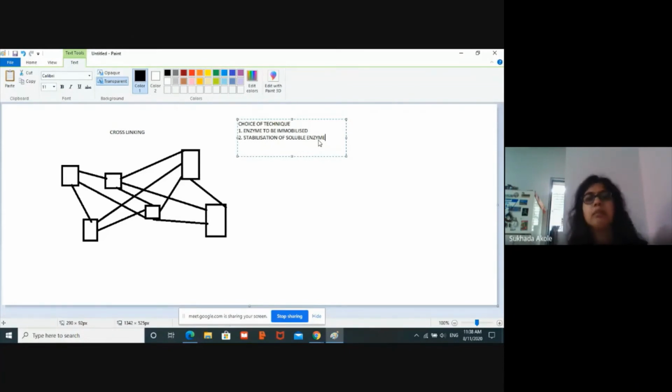So I can stabilize this alpha amylase by addition of starch into the system so that the enzyme remains stable. Or I can add glucose to glucose isomerase so that my enzyme, which is my glucose isomerase, can remain stable.